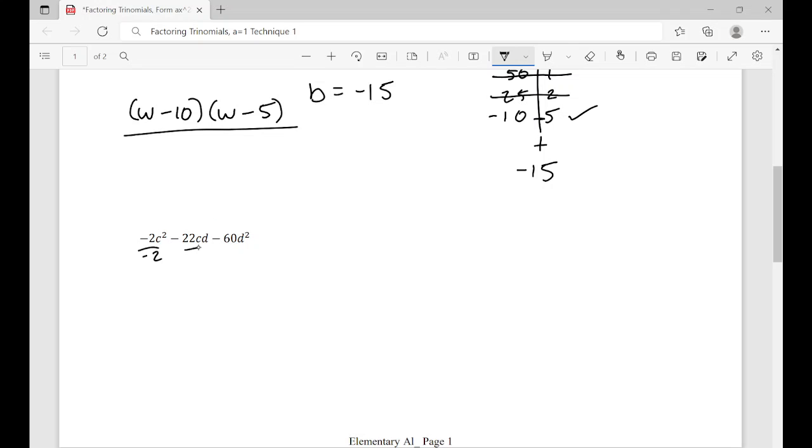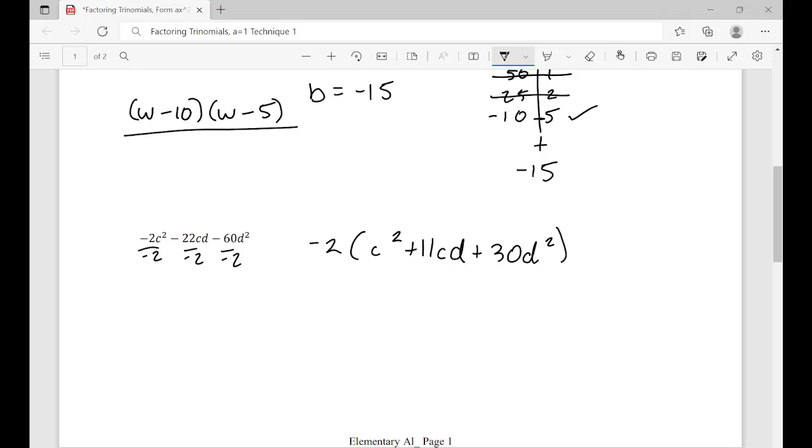So I divide it out and end up with negative 2 times c squared plus 11cd plus 30d squared. And these positive, nice numbers smaller than this, much easier to work with.